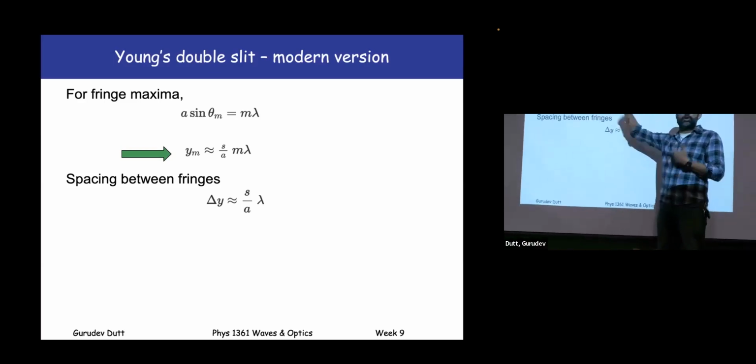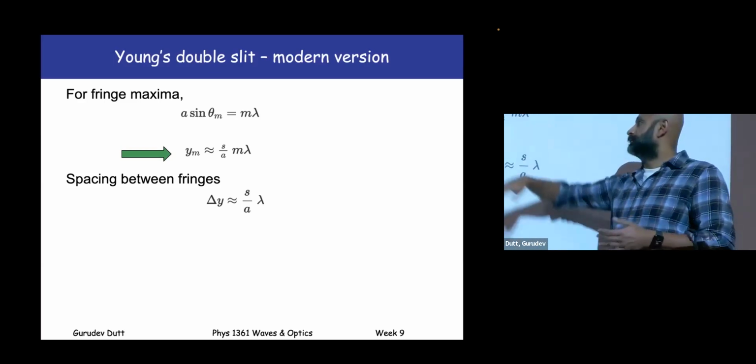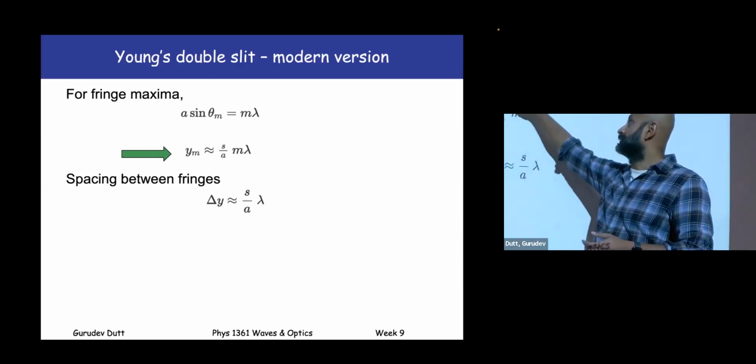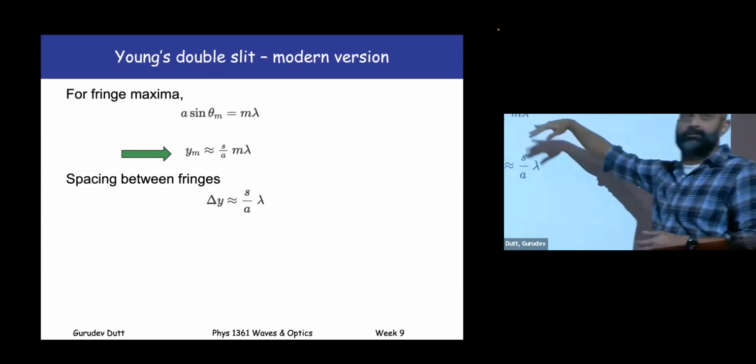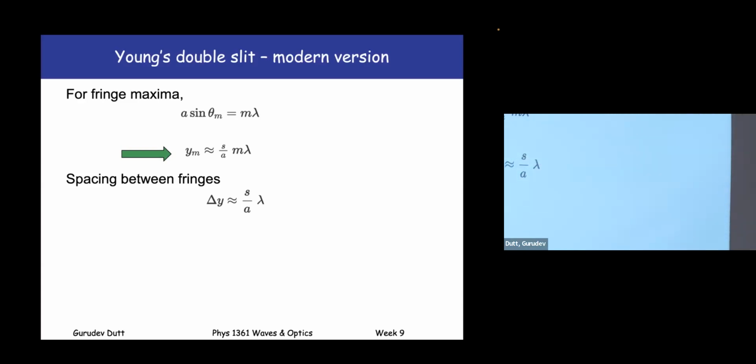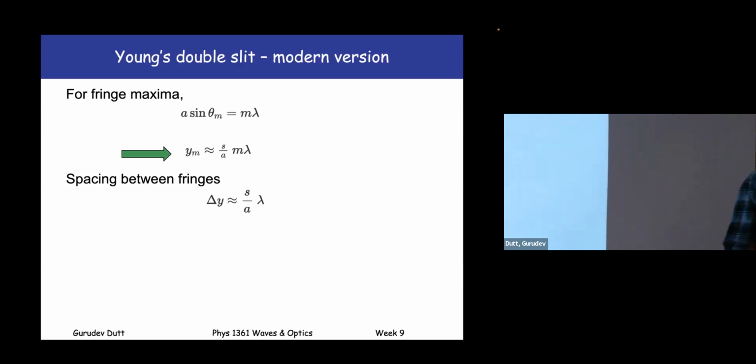We call this m the order of the fringe. So in between one fringe and the other, what's the path length difference? From one fringe to the next fringe, I go from m lambda to the next fringe.